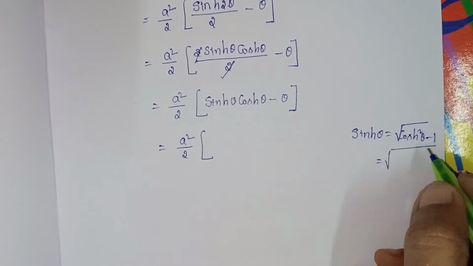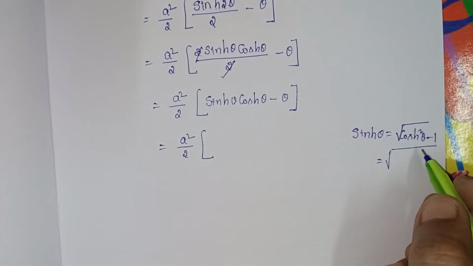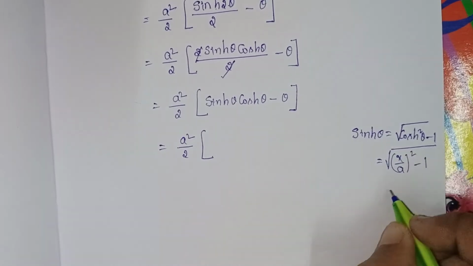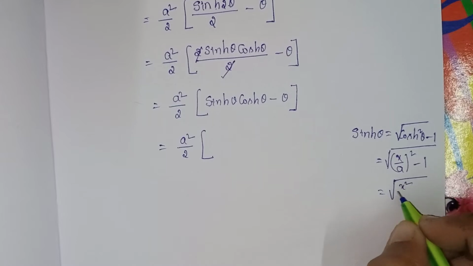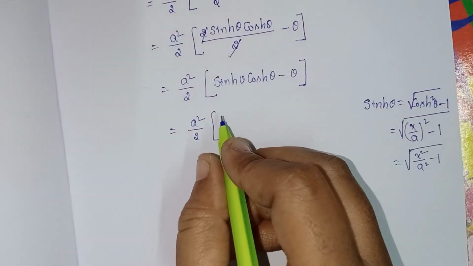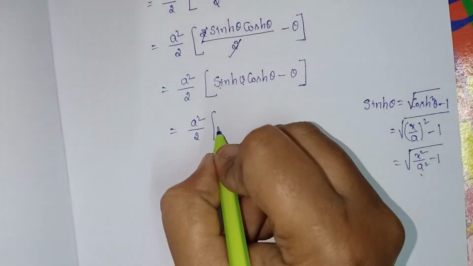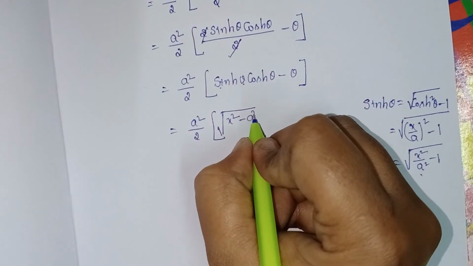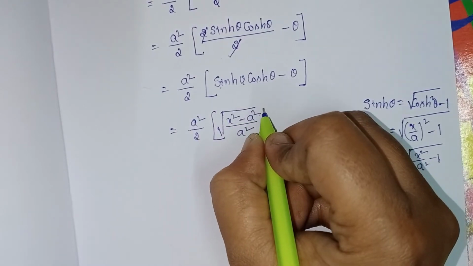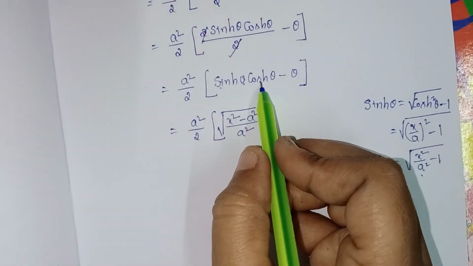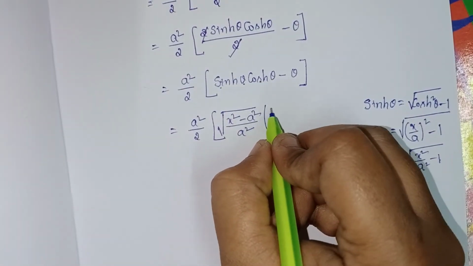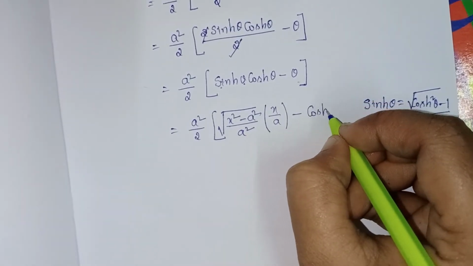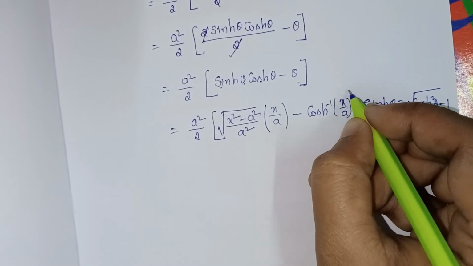Square root of, cos h theta means x by a, whole square minus 1. That means square root of x square by a square minus 1. So sin h theta you can write square root of x square minus a square by a square, cross multiplication, into cos h theta is x by a, minus theta is cos h inverse of x by a.